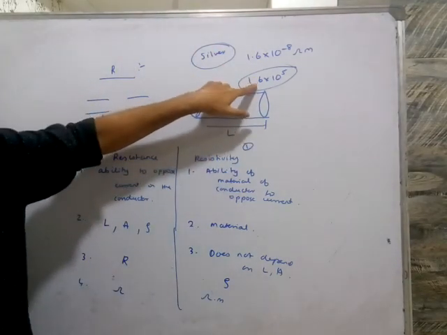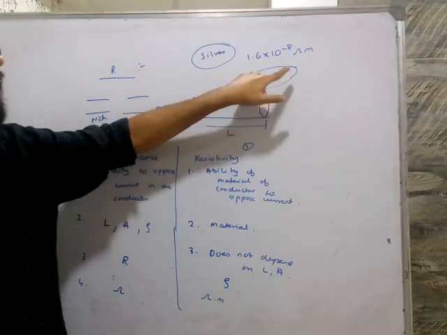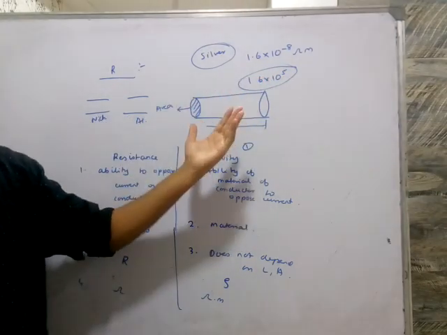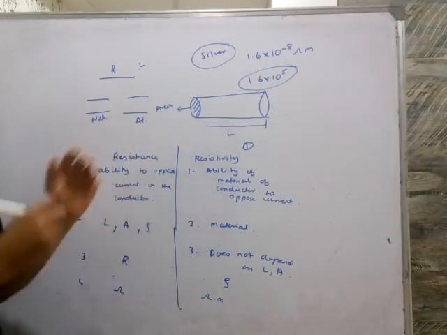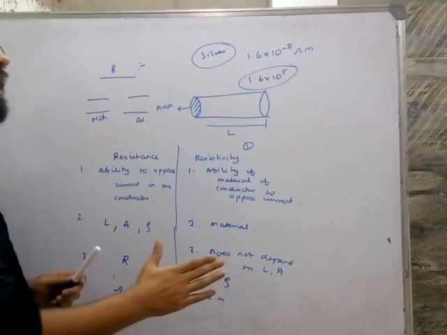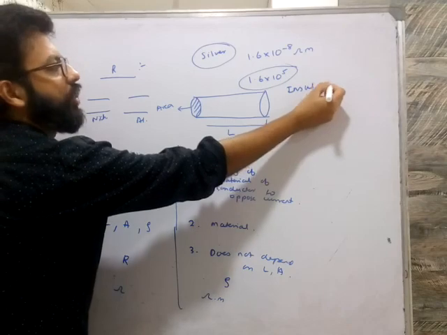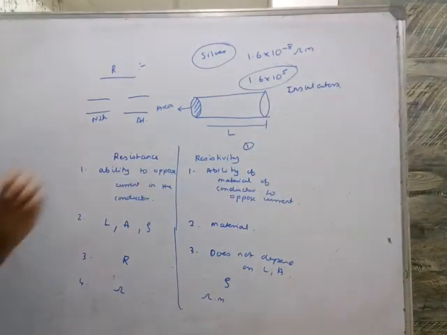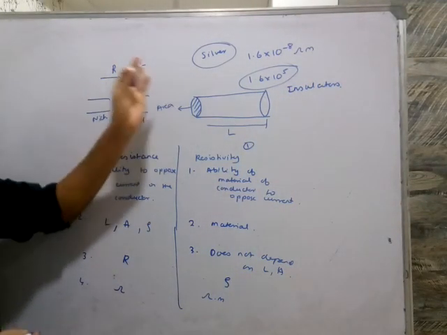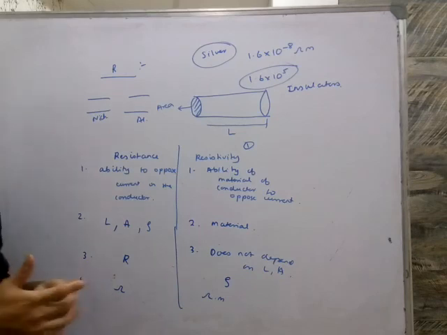Whereas if I take this example, it has a higher power, so very high resistivity. It will allow less current, and hence it is called an insulator. So insulators have high resistivity, whereas conductors have least resistivity. Hope you understood.